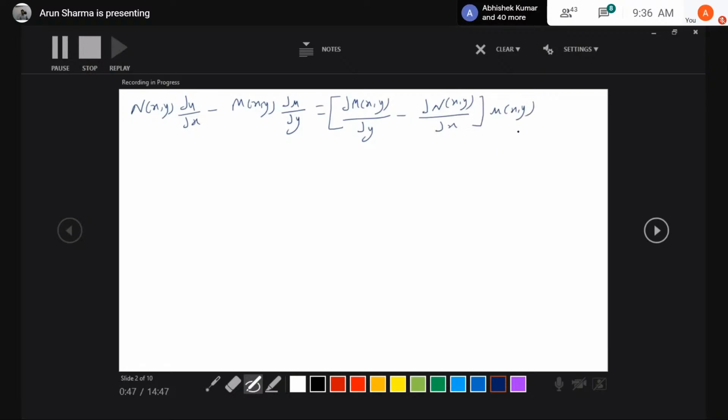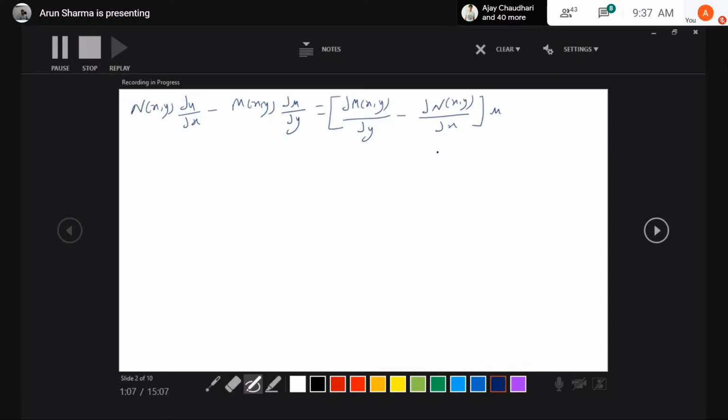So basically I want to find out this mu. No need to write xy again and again; you can even erase xy. It is understood that this is a function of xy.